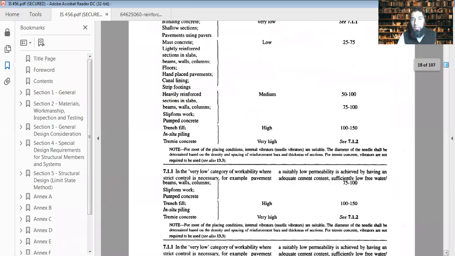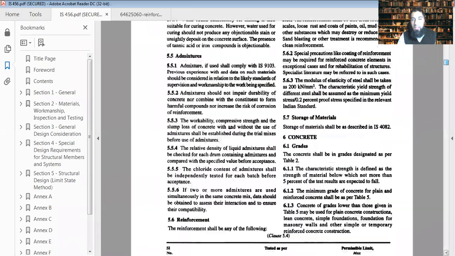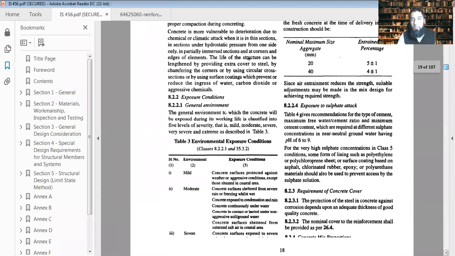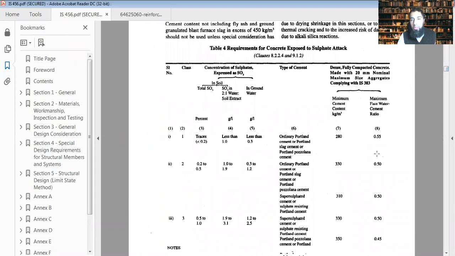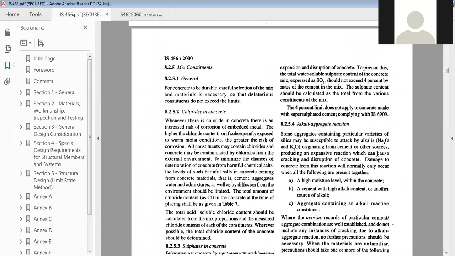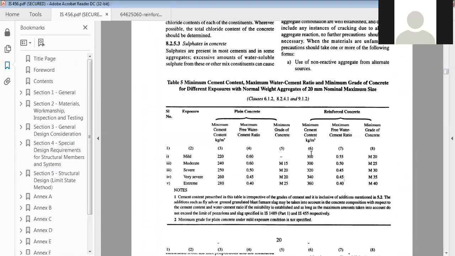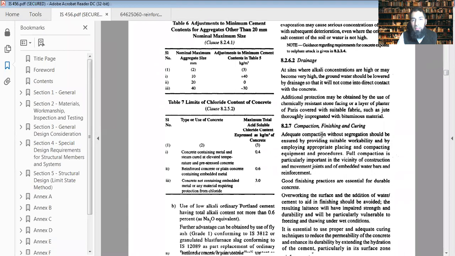We already know that as per the exposure condition, but as per the fire resistance, you also need to cover fire resistance of the columns. And this is, just a minute.